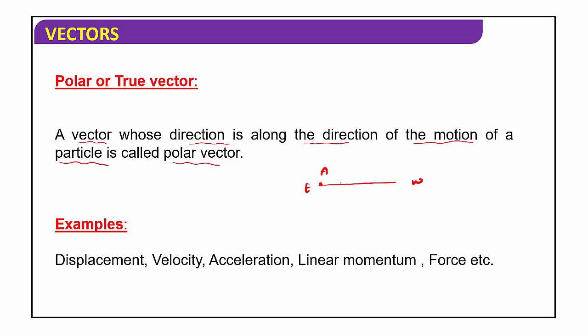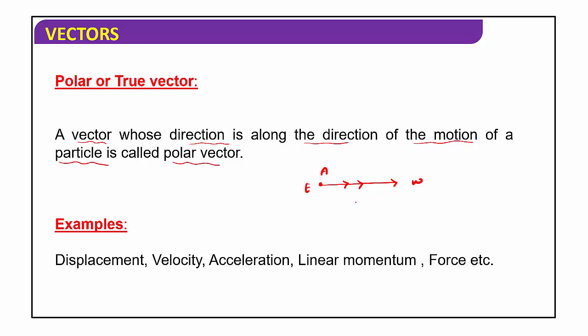The vector whose direction is along the direction of motion of a particle, we are going to call a polar vector. Why do we call it a true vector? Because it is really moving along the direction of motion of a particle.